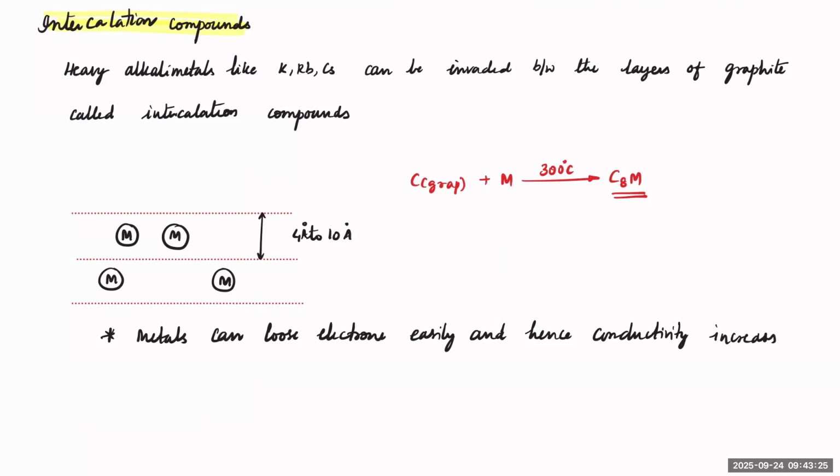Intercalation compounds: these are heavy alkali metals like potassium, rubidium, cesium that can invade the space between the layers.